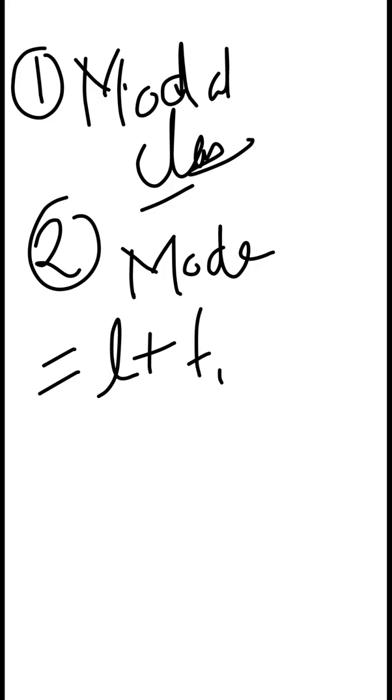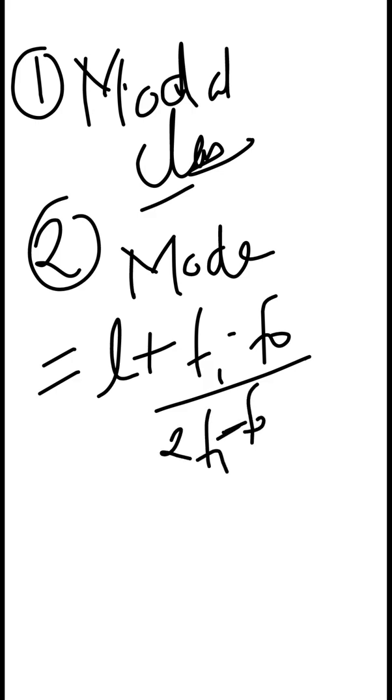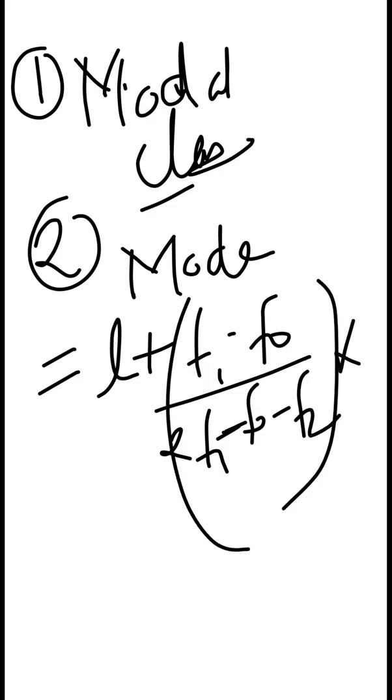The next thing which you'll do is apply the formula, which is mode is equal to L1 plus (F1 minus F0) divided by (2F1 minus F0 minus F2), into I. So this is the formula for mode, and you'll be applying this formula.